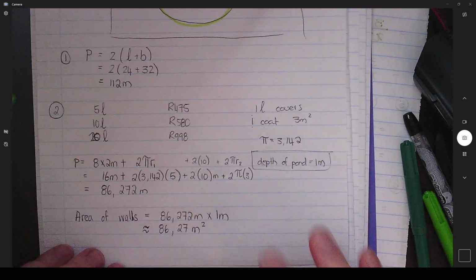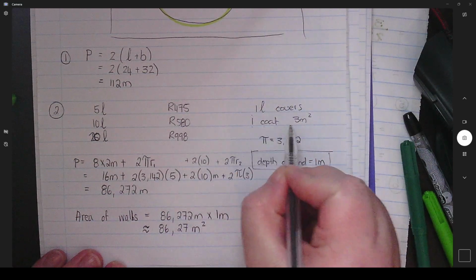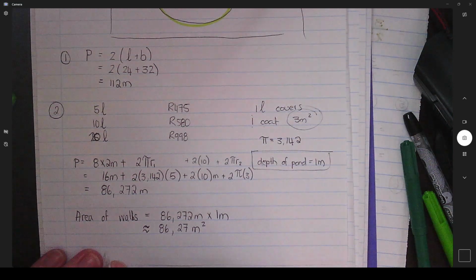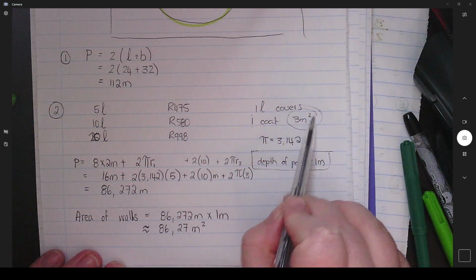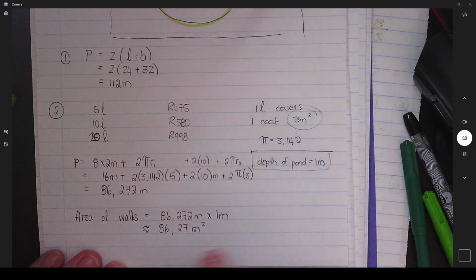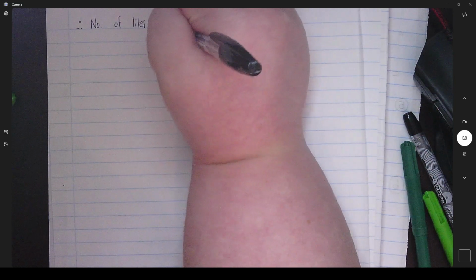1 liter covers 1 coat of 3 meters squared. So I want to see how many 3 meters squared blocks are in this. So the number of liters is the area that we need to paint divided by the area that 1 liter covers.